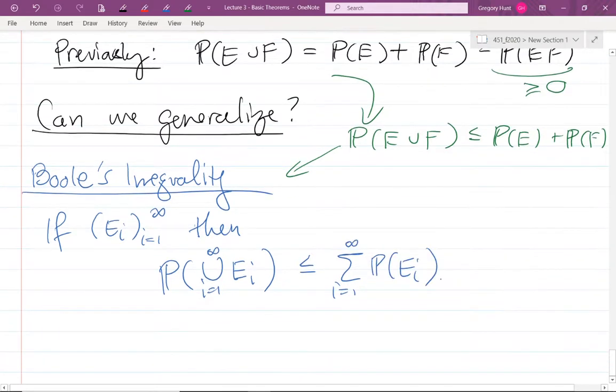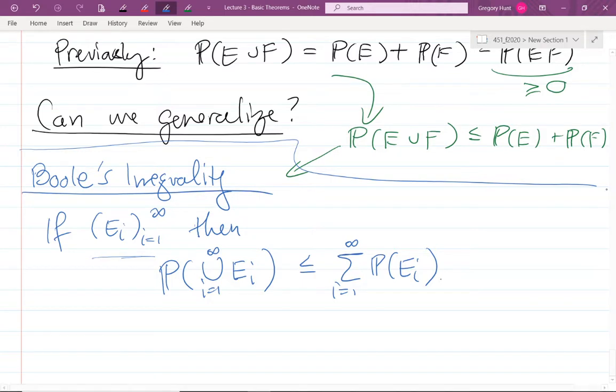Now the countably additive axiom, Kolmogorov's third axiom, says that if the E sub i are disjoint here, these two things are equal. But more generally, Boole's inequality is talking about the case where we don't actually know if these are disjoint or not. Maybe the E sub i are disjoint, maybe they're not. What we can always say, regardless, is that the probability of the union is never bigger than the sum of the probabilities.